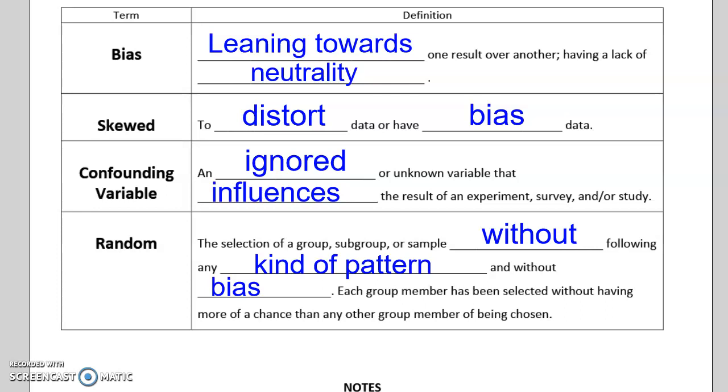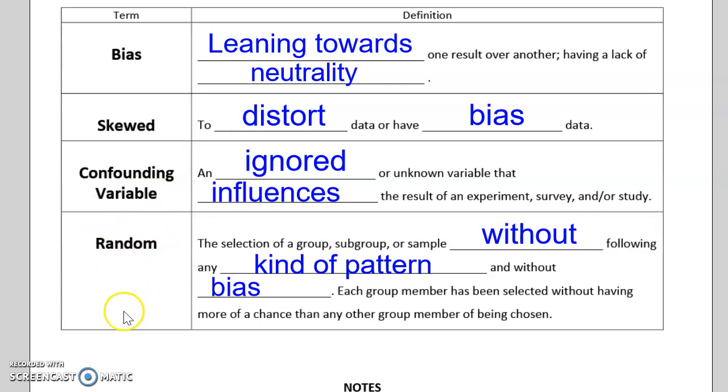All right, let's get some vocab out of the way. We want our results to be reliable. That means we don't want it to be biased. We don't want the data to be skewed in any way. A confounding variable is an ignored or unknown variable that influences the result of an experiment, survey, or observational study.